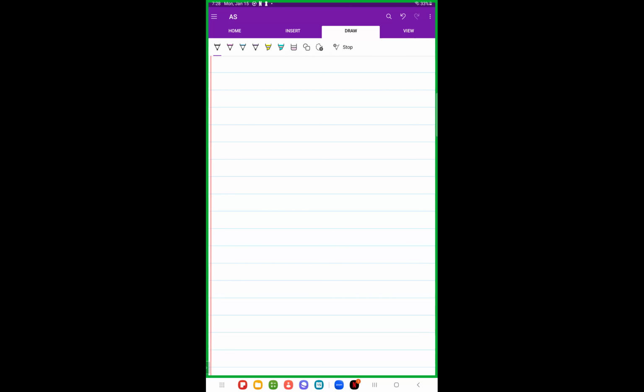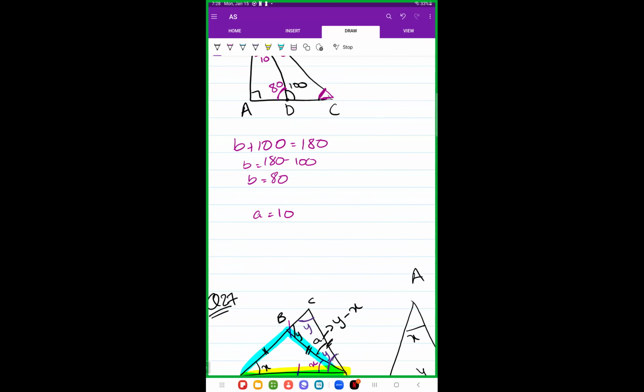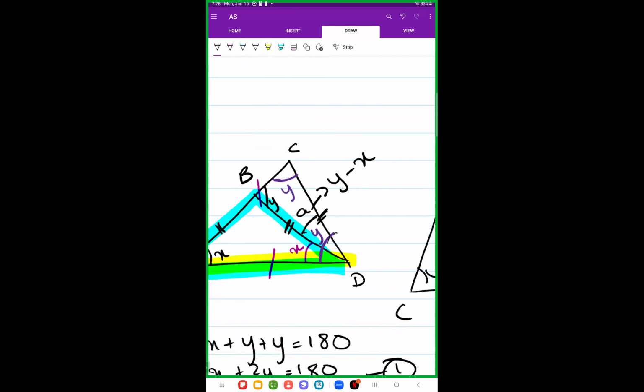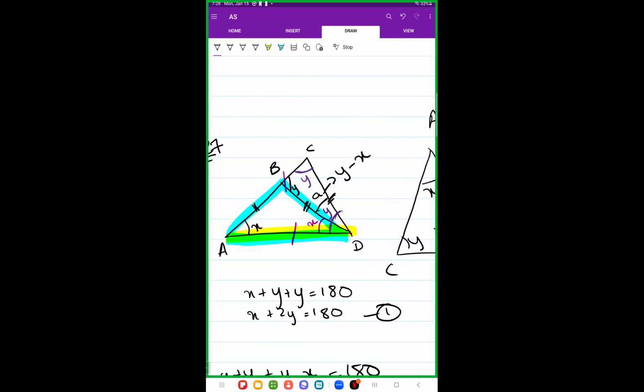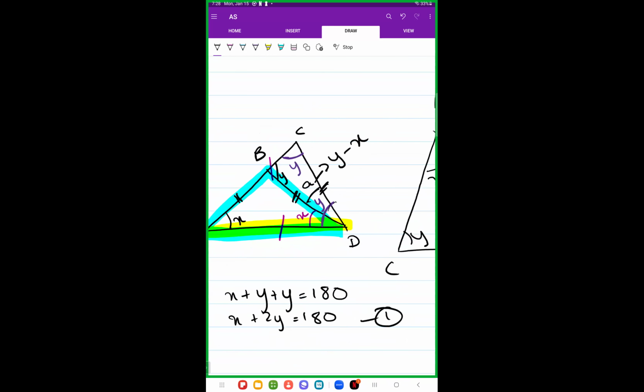Okay. So I think I labeled all of them. But for A, the big triangle, the ACD, for the equation, I'm taking x plus y, but why am I not including A? You're not including A because you're taking the big triangle.